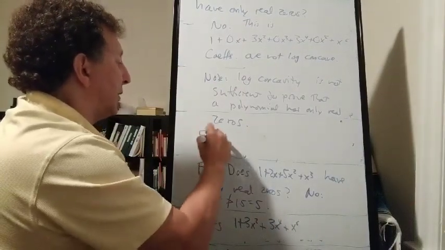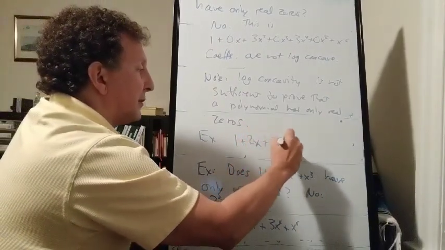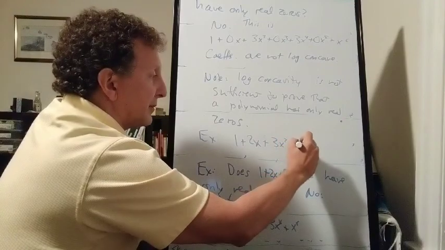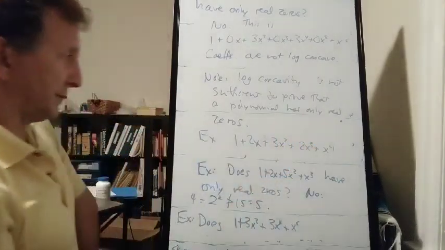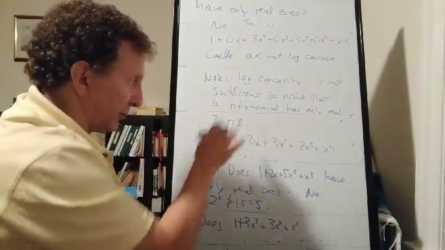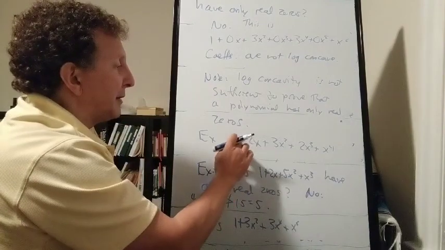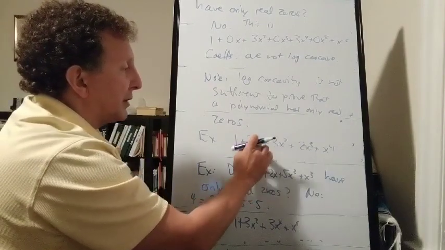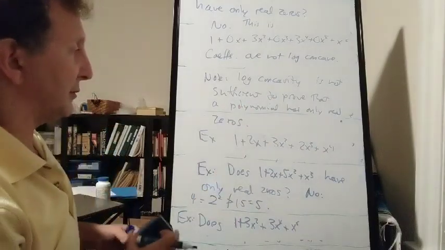So for example, 1 plus 2x plus 3x squared plus 2x cubed plus x to the fourth is unimodal. 1, 2, 3, 2, 1 goes up once, comes down. 2 squared is bigger than 3 times 1. 3 squared is bigger than 2 times 2. 2 squared is bigger than 1 times 3. But this polynomial does not have only real zeros.